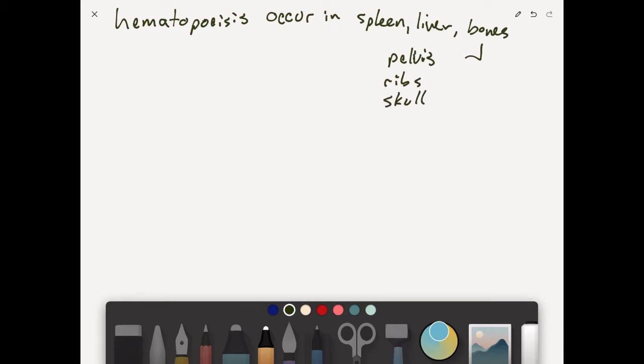So all of these have in common, they're all flat bones. And at the very ends of some long bones. And remember, those are like our femur, our humerus, radius and ulna, but there's not too much hematopoiesis that goes on in the smaller long bones. It's primarily the femurs and the humeruses.